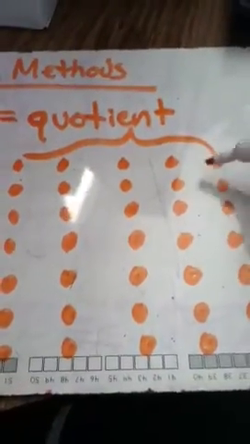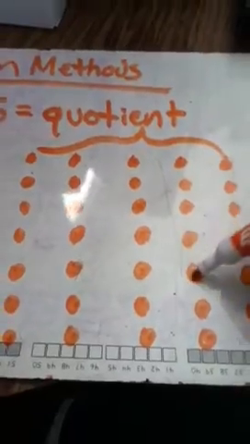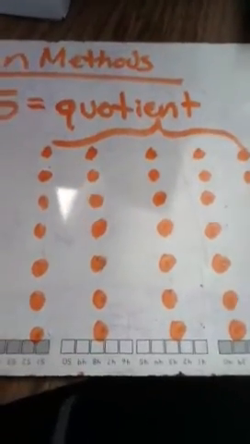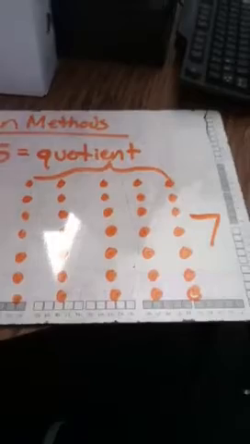So once I have them split up into 30, I can then count how many are in each group, because remember I have 5 groups. Within each group I have 1, 2, 3, 4, 5, 6, 7, which means that my quotient is 7.